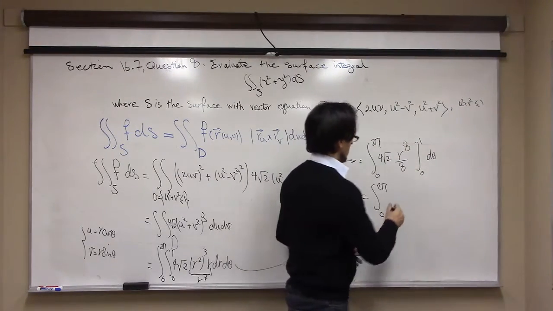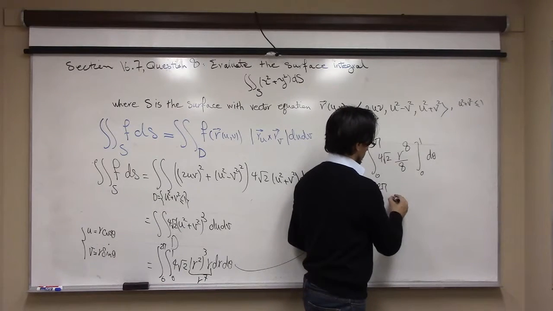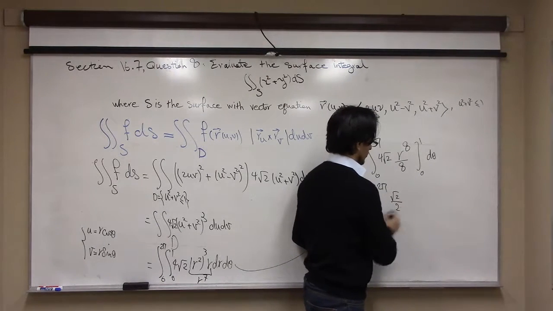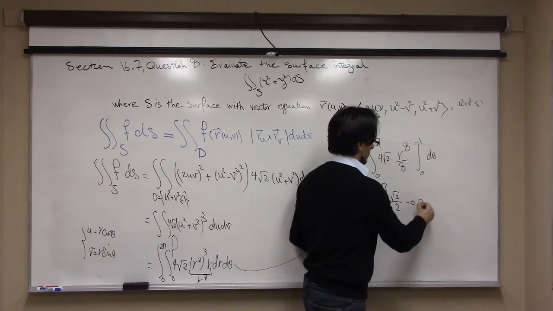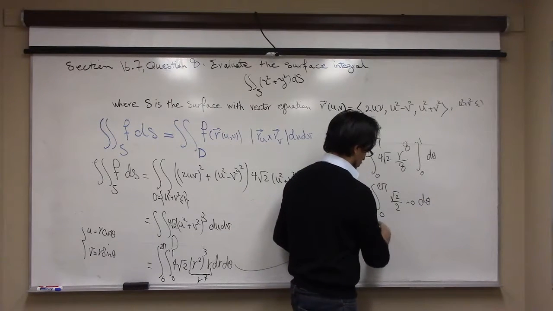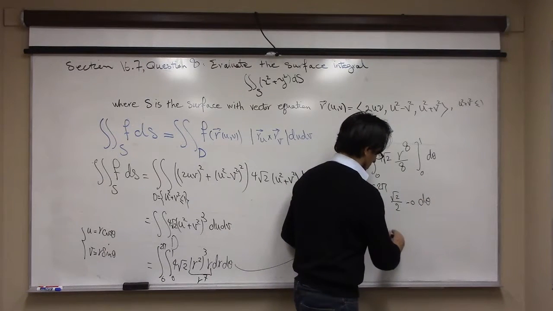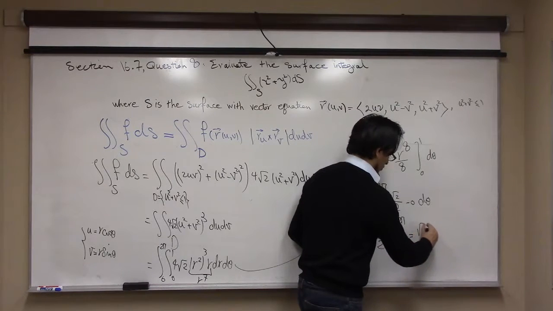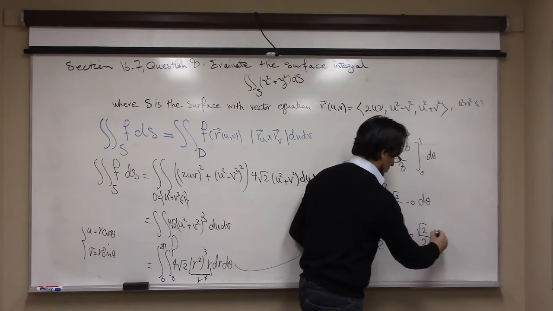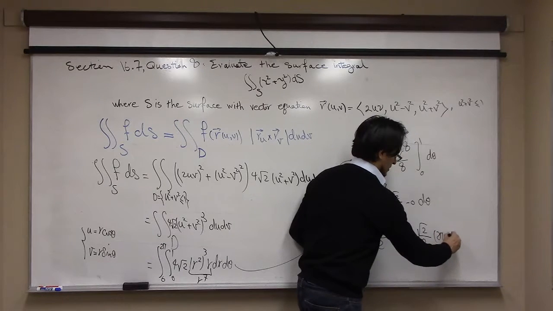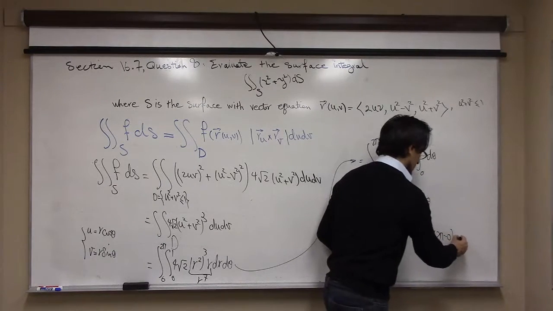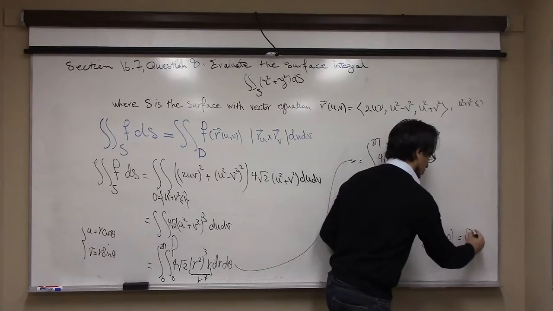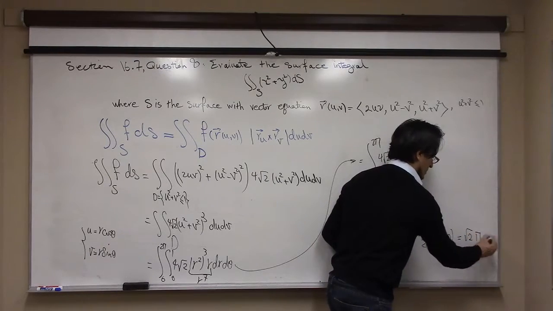Plug in 1 there, I have root 2 over 2 minus 0 d theta. And this is root 2 over 2 theta going from 0 to 2 pi, which gives me root 2 over 2 times 2 pi minus 0. And it is equal to root 2 times pi.